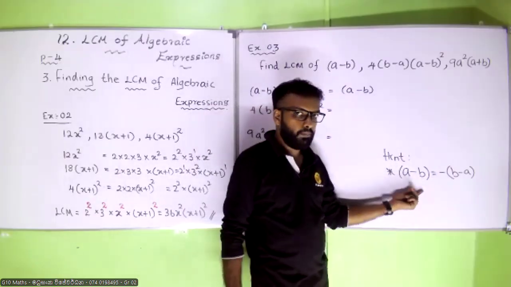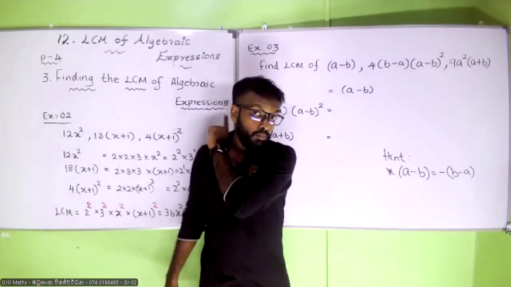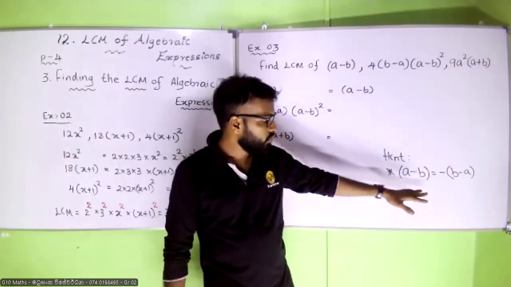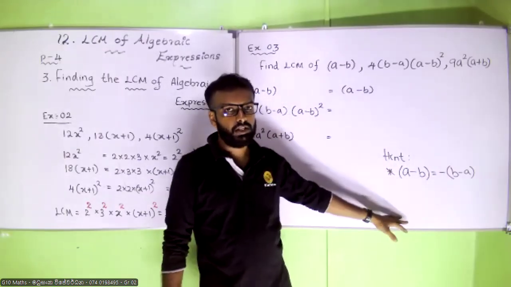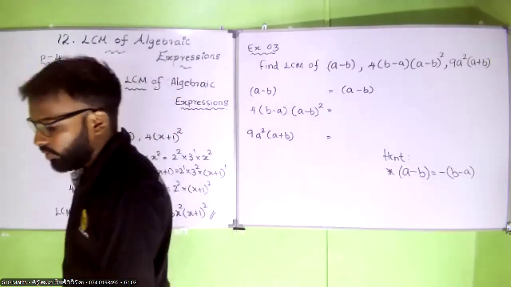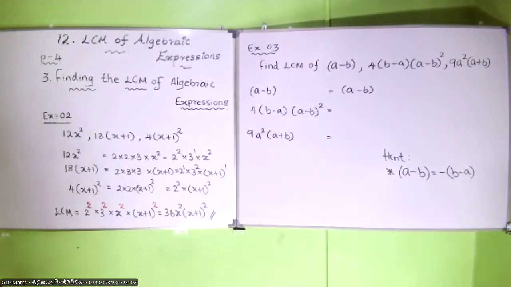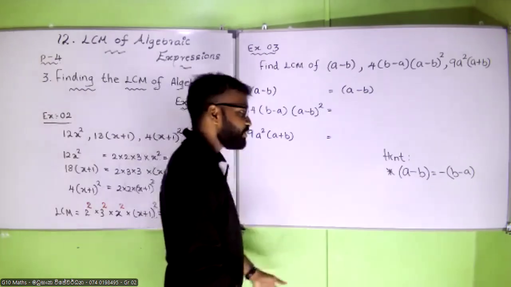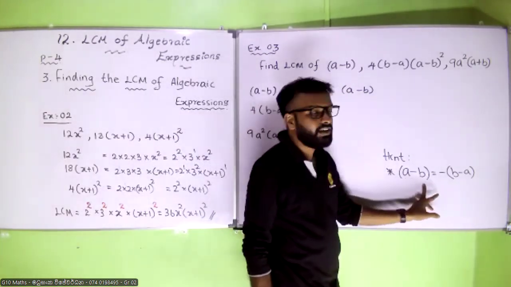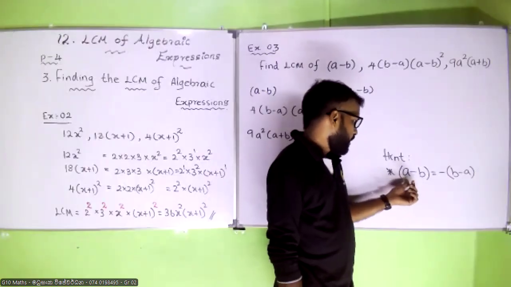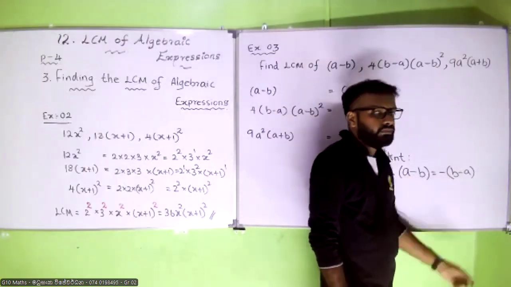It is from your grade 9 also that you need to know this, but I know you guys cannot remember that, so that is why I have given this again. So a minus b equals this.